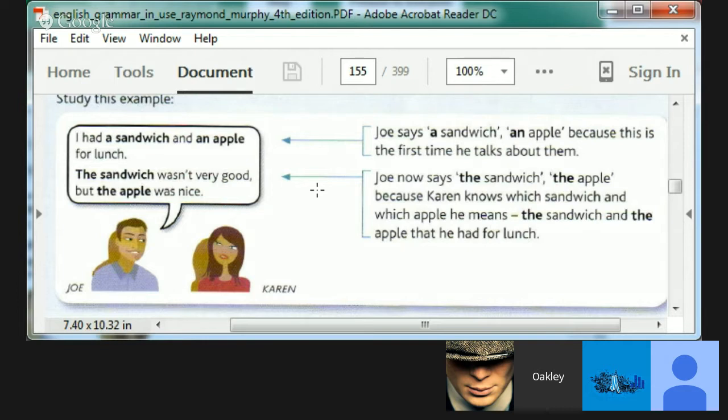So I don't use anything for an uncountable noun the first time I bring it up. But okay, the sandwich wasn't very good, but the apple was nice. The water was delicious. Now I can use the. I can use the with a defined noun, be it countable or uncountable. Any questions about that first basic idea?